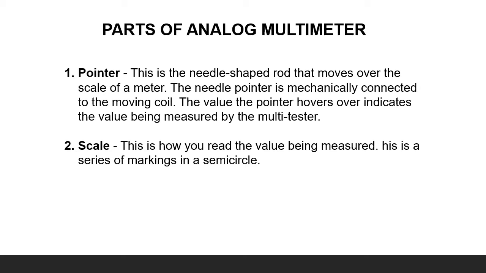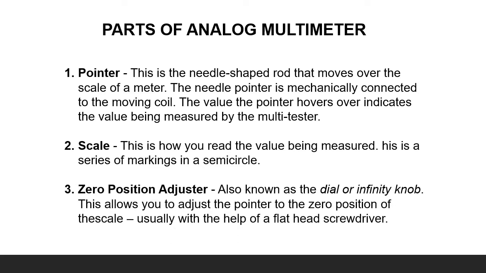Scale. This is how you read the value being measured. This is a series of markings in a semicircle. Zero position adjuster, also known as a dial or infinity knob. This allows you to adjust the pointer to the zero position of the scale, usually with the help of a flathead screwdriver.